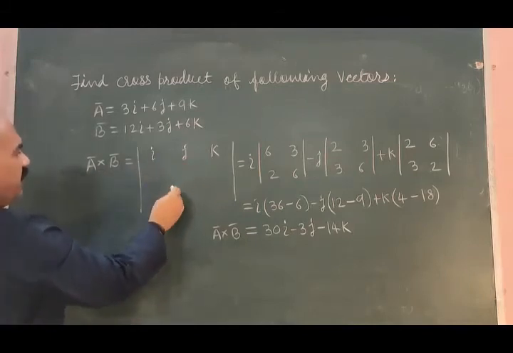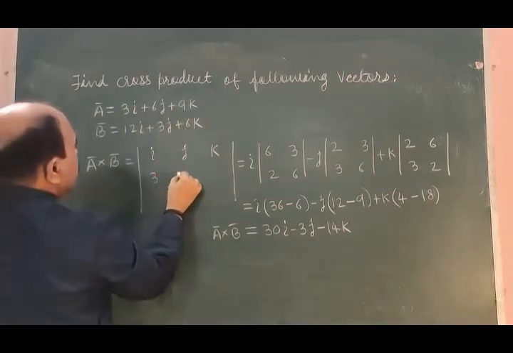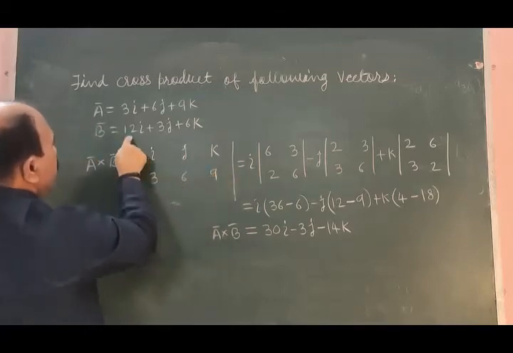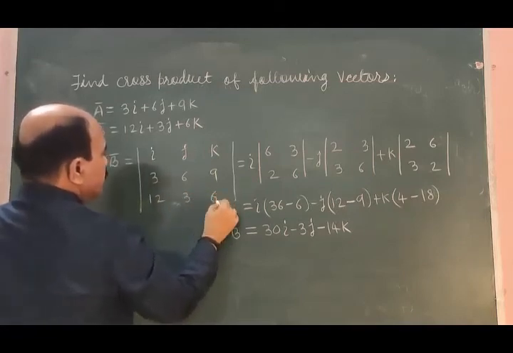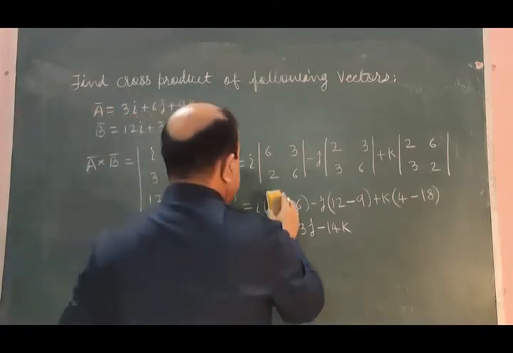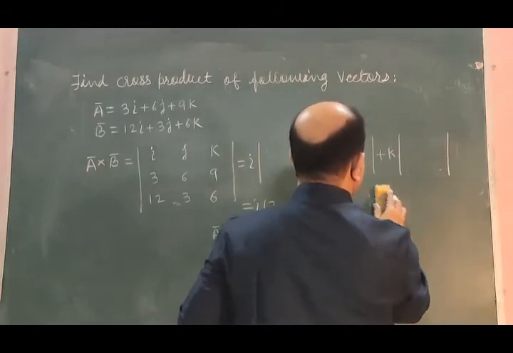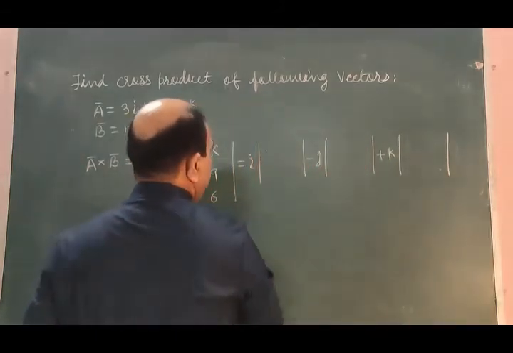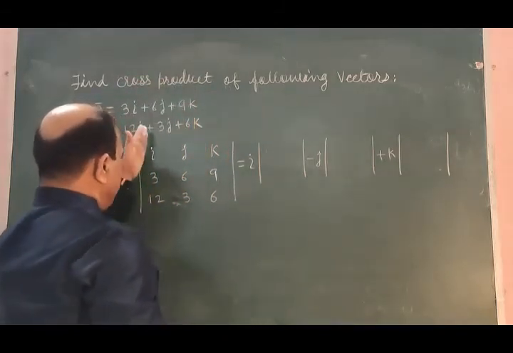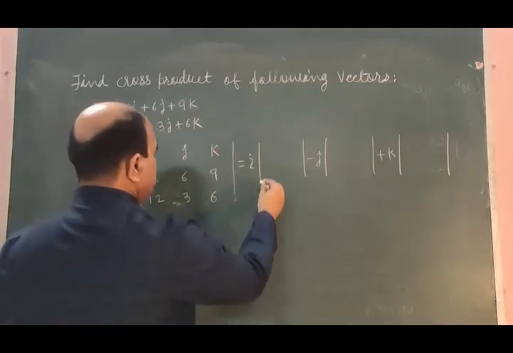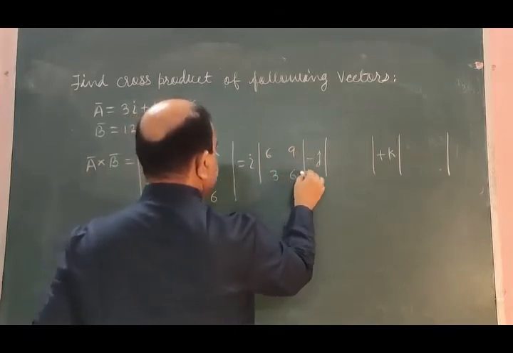first row unit vectors i, j, k, a1, a2, a3. So it is 3, 6, 9, b1, b2, b3, 12, 3, 6. Here, for i, this is skipped, here left 6, 9, 3, 6.